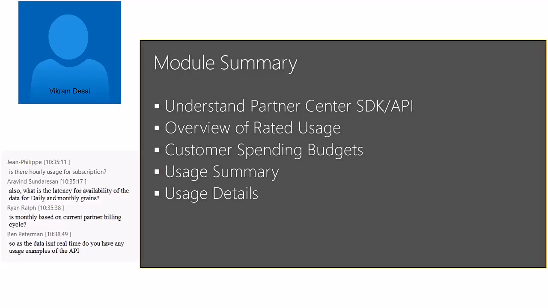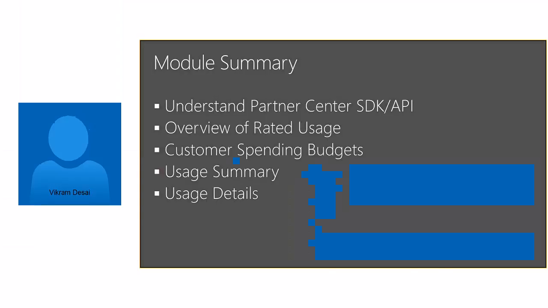If a VM runs right now, it could be anywhere from 4 to 5 hours by the time the usage for that VM comes out. This is service dependent; it's not consistent across services. But for the monthly and daily grains, which is at the end of the day or month, that's 24 to 48 hours.